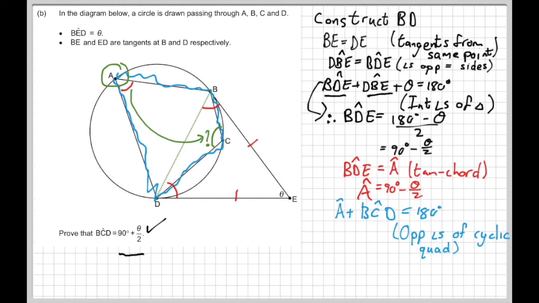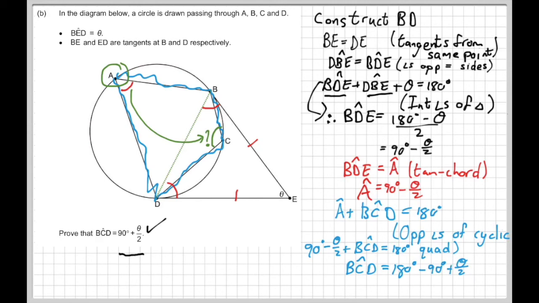Now, if I substitute that expression for A into that equation, I'm sitting with this. If I'm now solving for angle BCD, I'm just going to take that 90 minus theta over 2 across, and it's going to be plus theta over 2, Mr. VG. Let's not make those mistakes.